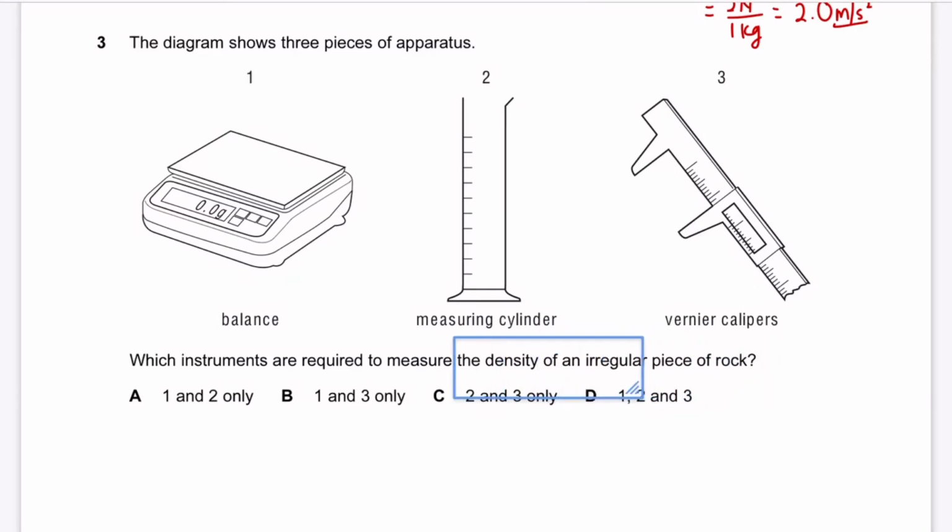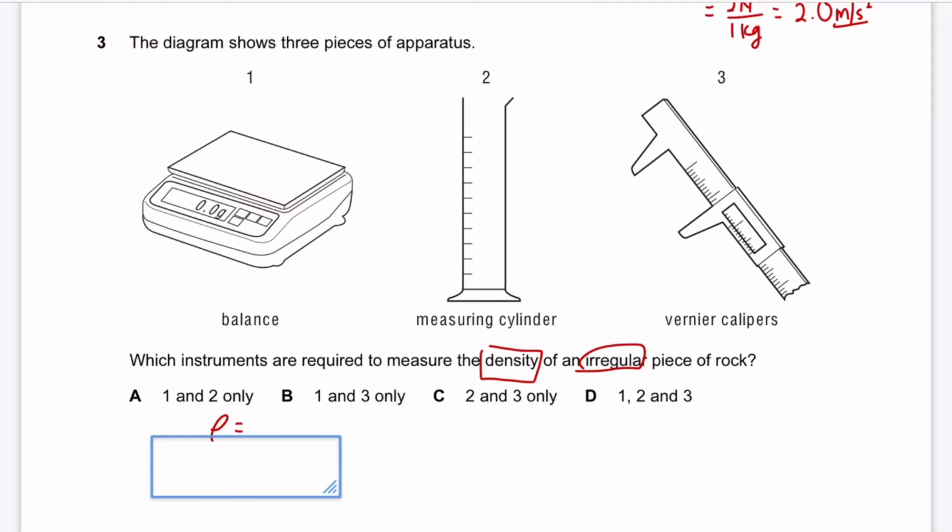Okay, first of all, the keyword here is density. Second is irregular. Density, which is denoted by rho here. I'll write it down. Rho is equal to mass divided by volume.